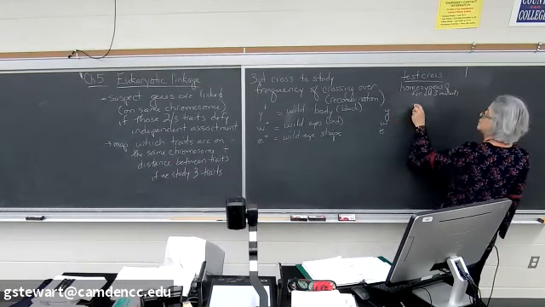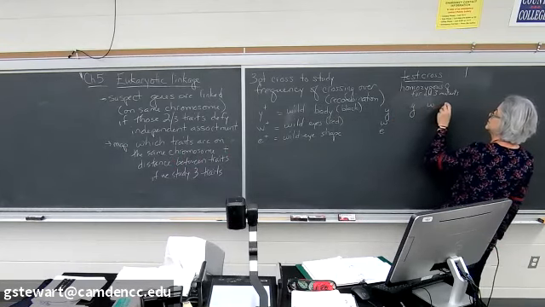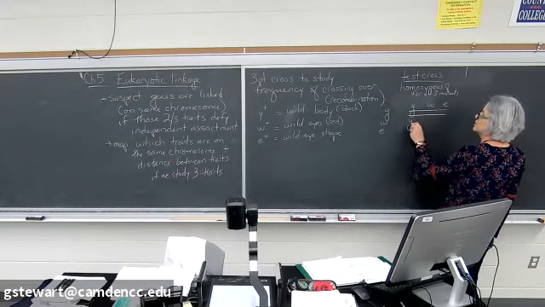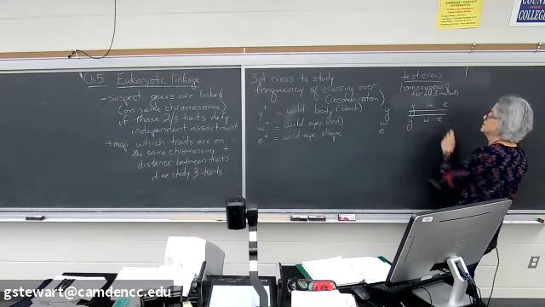So I'm going to put Y, W, E like this. And then I'm going to put a second chromosome, and underneath it, I'm going to put Y, W, E.